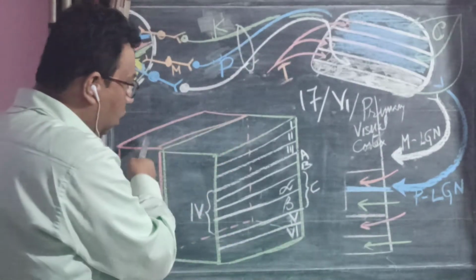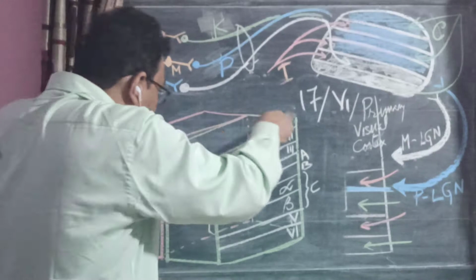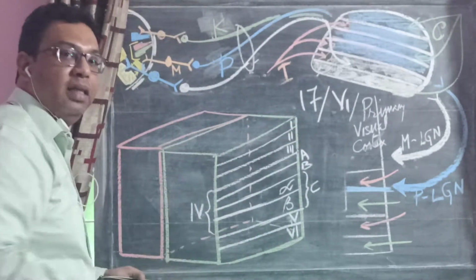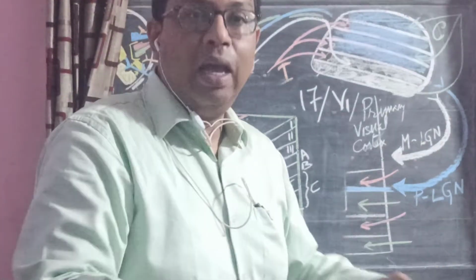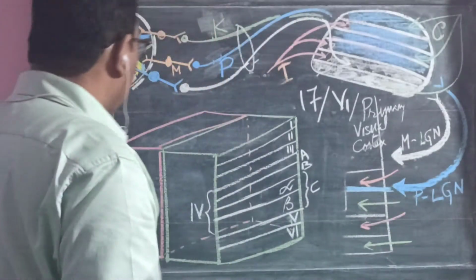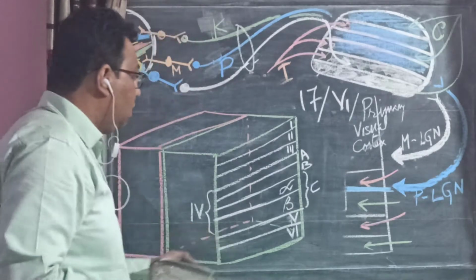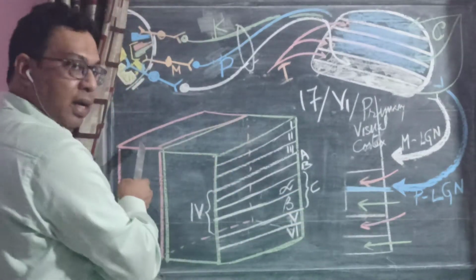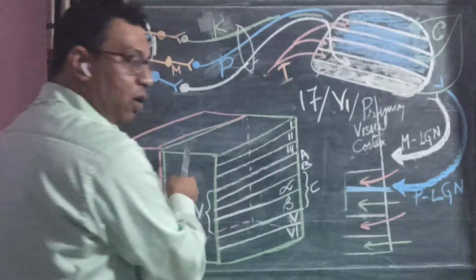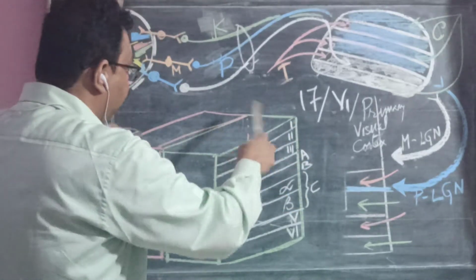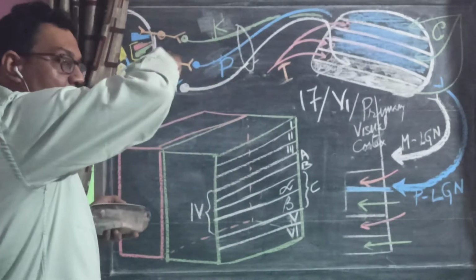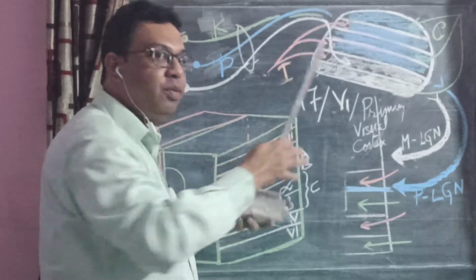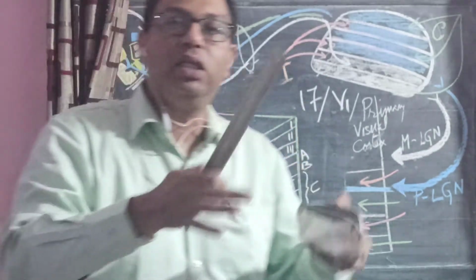So we draw the ocular dominance layer, and we also have some other structures which will help in the further processing of the visual sense. So you have the ipsilateral dominant layer here, the contralateral dominant layer here, and this along with other structures will be known as a hypercolumn, a visual parallel processing module.